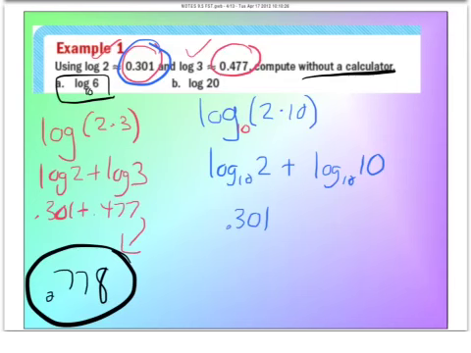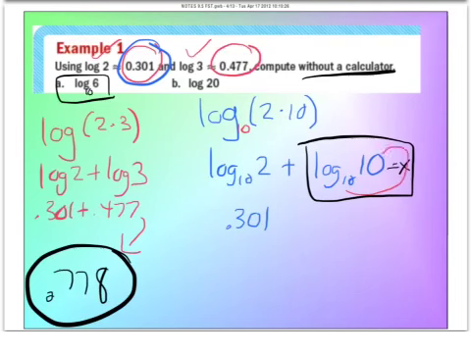Well, this is from the rules from before. If it helps you think about it this way, if we rewrite it as an exponent, 10 to what power is 10? The answer has to be 1. So log base 10 of 10, when you have the same base, is just the number 1. Add this together, you're going to get 1.301.